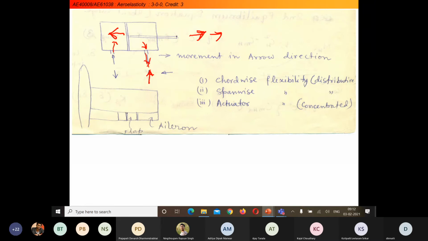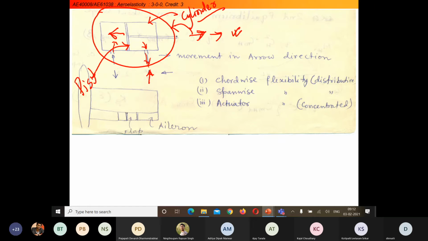Is it clear how I am considering the upward motion and downward motion of the control surface, considering a simple cylinder? This is basically the actuator, or what we call the hydraulic actuator, and this outer part is called the cylinder. The cylinder is actually the reservoir of the fluid, or the hydraulic fluid, whatever we use here, and this is the piston, which is the movable portion.